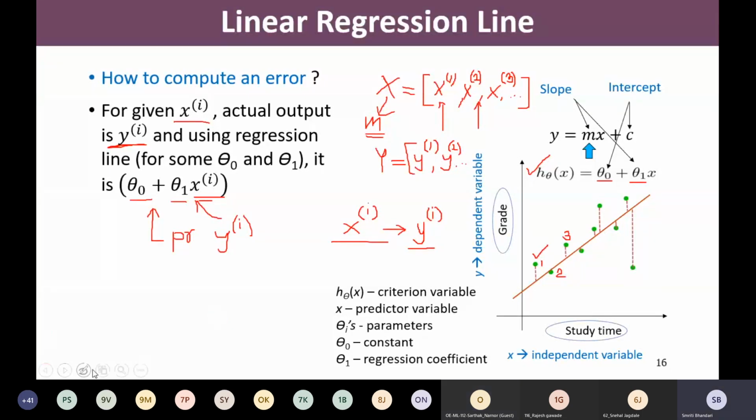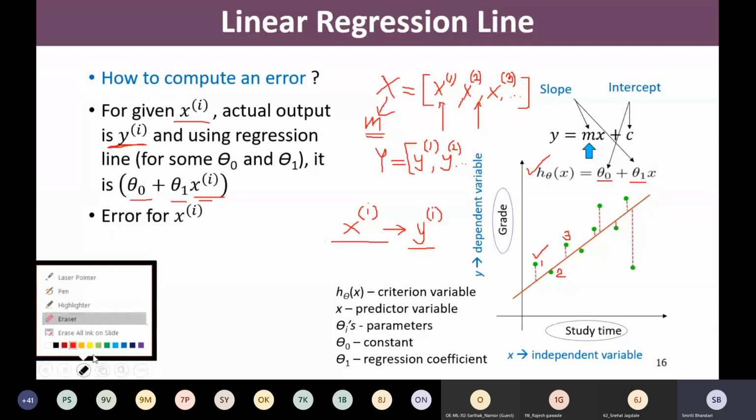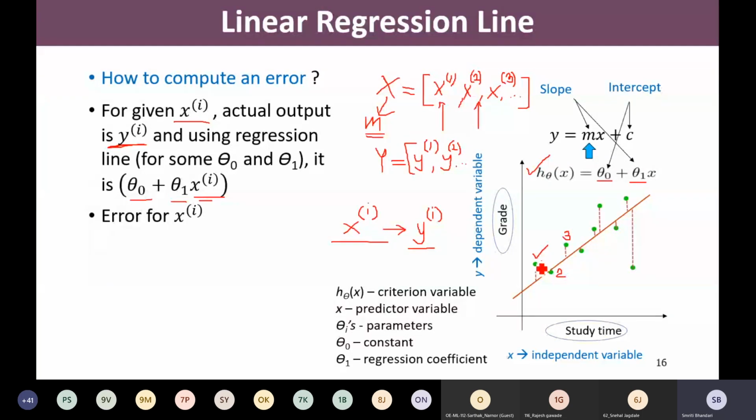Yes, ma'am. Okay. So now with these basic terminologies, we are going to proceed with the error. How we are going to compute the error now. So for this data point, we would like to compute the error as I mentioned earlier. If this is my x1, that means the first data point, then how am I going to measure the error here? I'm going to find out this vertical distance, right?